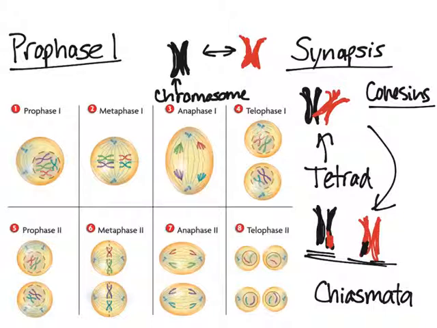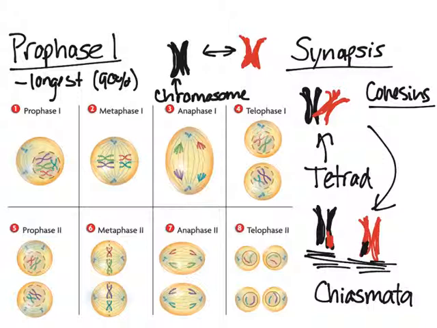And so one final thing, prophase I is the longest and actually is about 90% of the whole meiosis process. And the number of crossovers that occur down here is completely random and is rather unpredictable.